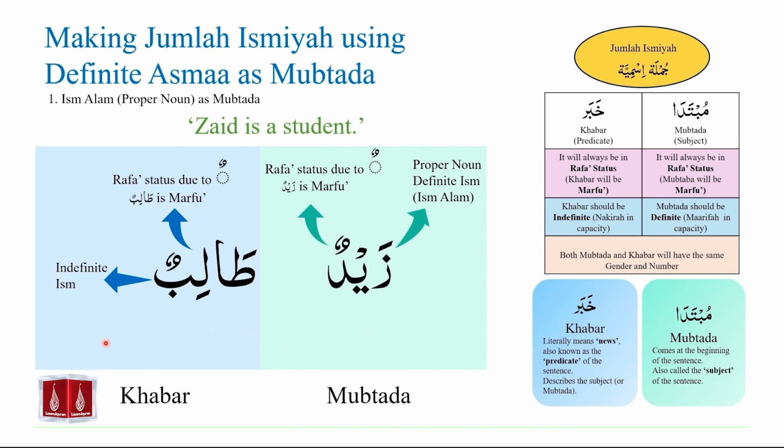Talibun is an indefinite ism because it does not meet criteria to be definite. So now we have met the criteria number 2, which is that mubtada should be definite and khabar should be indefinite. Zaidun is mubtada and it is definite. Talibun is khabar and it is indefinite.